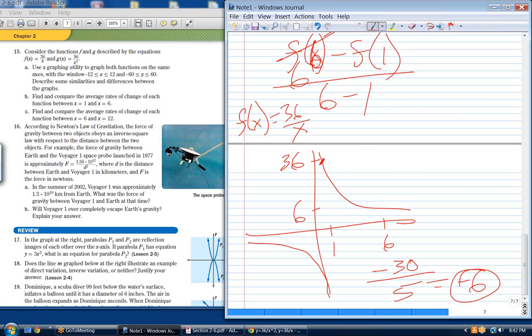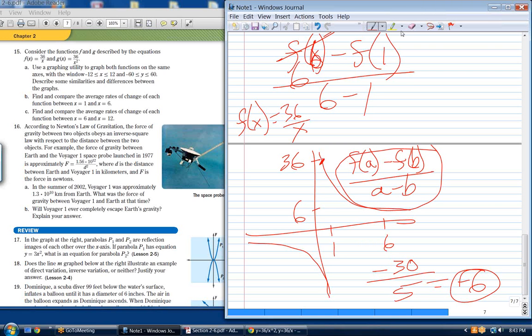Well, it's always f of a minus f of b all over a minus b. And you can't switch these around. So I had to do f of 6 minus f of 1 all over 6 minus 1. I could not do f of 1 minus f of 6 all over 6 minus 1. And as long as I do it in this order, I'm going to get the right sign on the average rate of change, the slope.